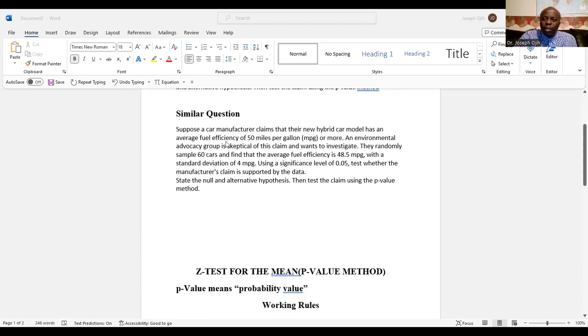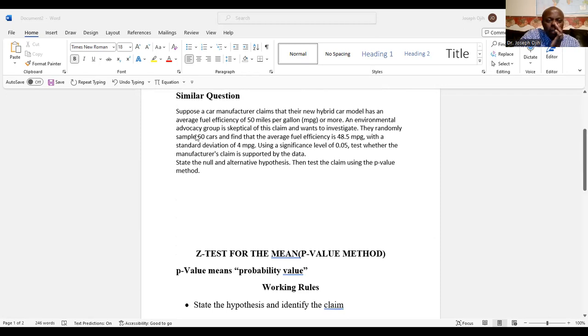Now, I'm going to solve a similar question to use as a guide to solve the other question. The similar question says, suppose that a car manufacturer claims that their new hybrid car models have an average fuel efficiency of 50 miles per gallon or more. An environmental advocacy group is skeptical of this claim and wants to investigate.